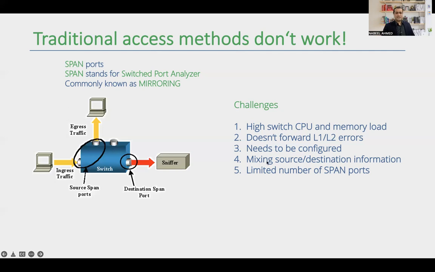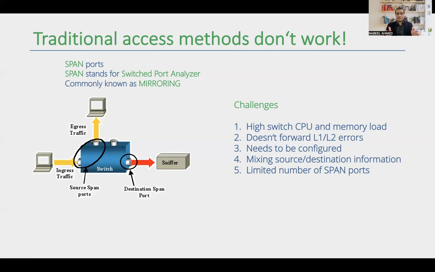Number 4 is mixing source and destination information. This means the same packet can be duplicated, but with different source and destination. And last but not least, the SPAN ports have limitations, and the limitation depends on the vendors.